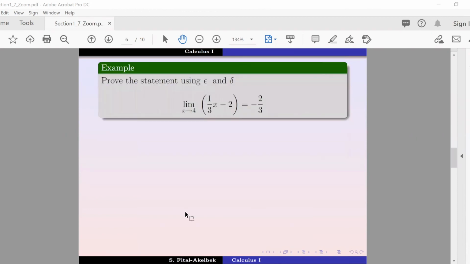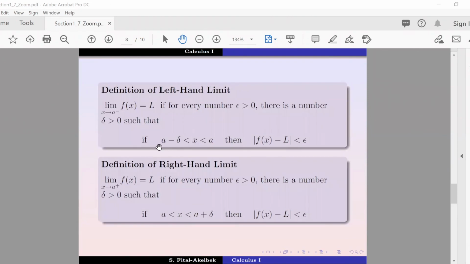So x is between a minus delta and a, then the distance between the function and the limit is less than epsilon. For the right-hand limit, similarly, we take x from the right side of the limit. So for any x between a and a plus delta, the distance between the function and the limit is less than epsilon.